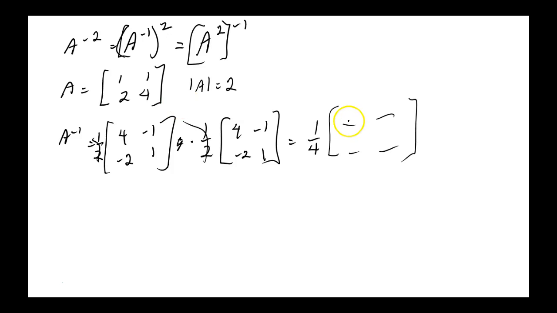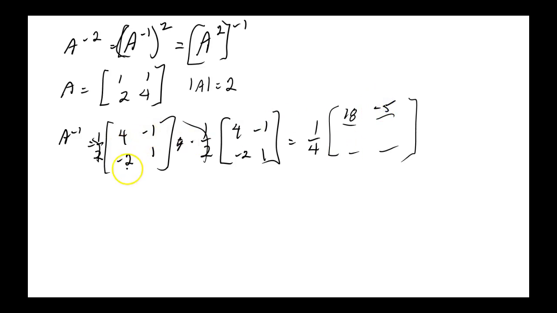This first entry is the 1, 1 entry, so it's first row by first column. The 4 times 4 is 16, plus 2 is 18. And then the 1, 2 entry here would be first row by second column. Minus 4 minus 1 is minus 5.